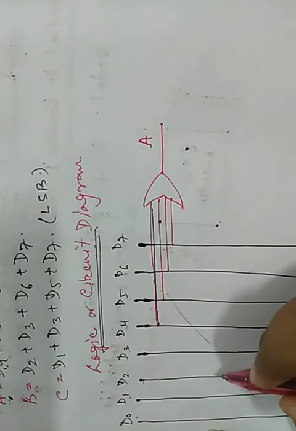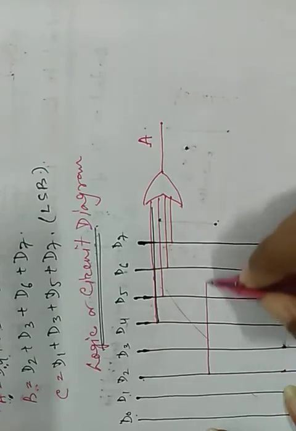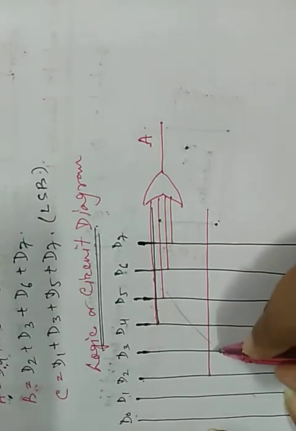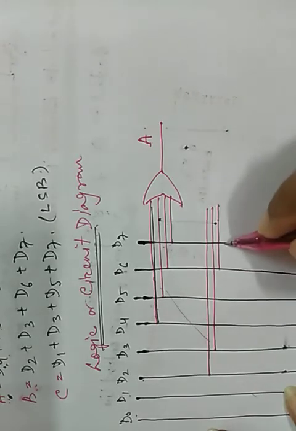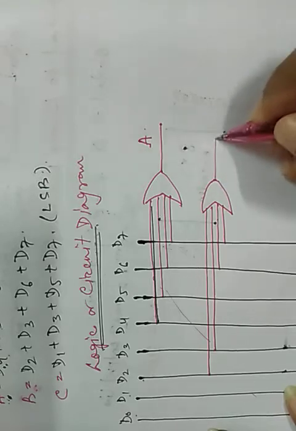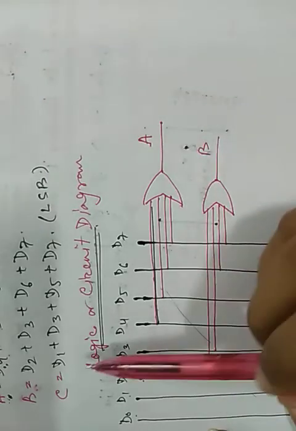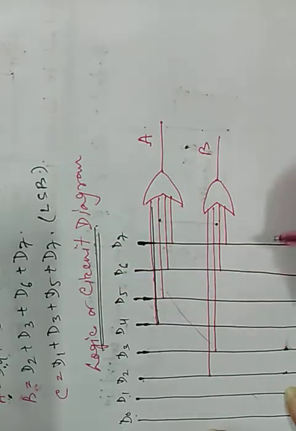For B, D2, D3, D6, D7. This is B. And for C, D1, D3, D5, D7.